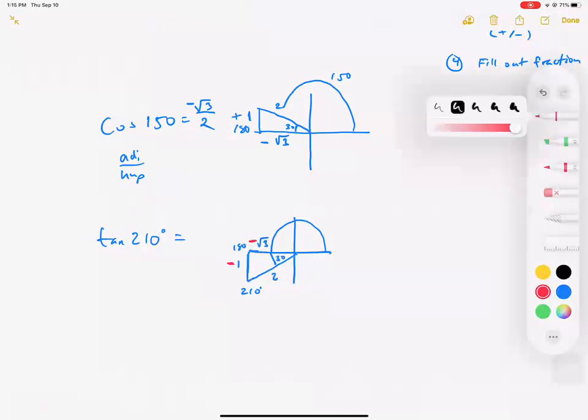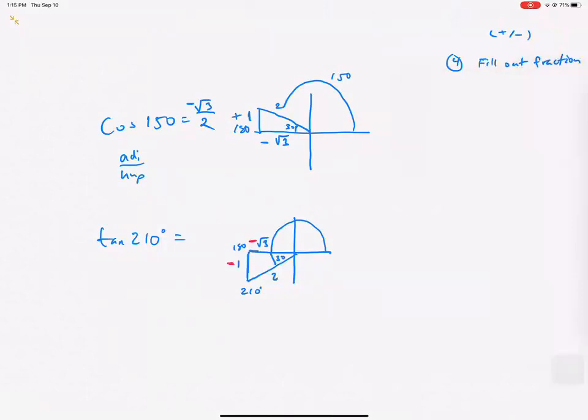Awesome, we have all three sides of the triangle. We just now have to copy our opposite and adjacent. So from the 30-degree reference angle, the opposite is negative 1, and the adjacent is negative square root of 3. We can rewrite that as positive 1 over square root of 3, and then we move the square root to the top because we don't like square roots on the bottom.